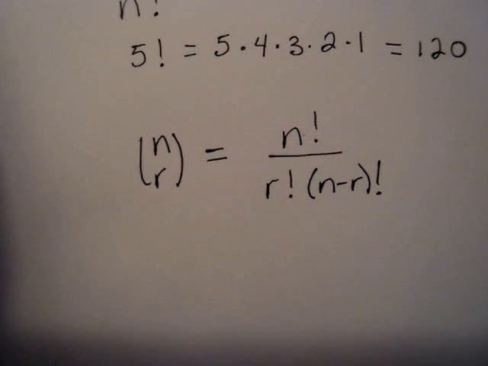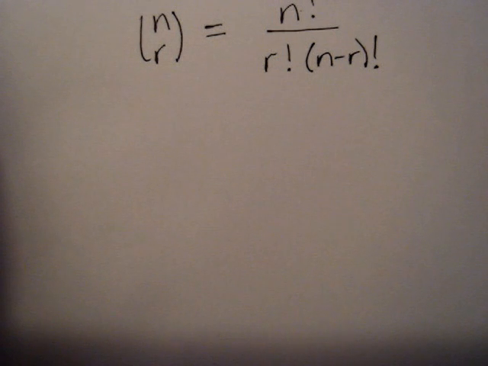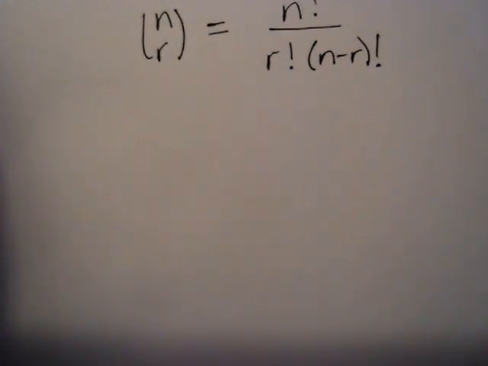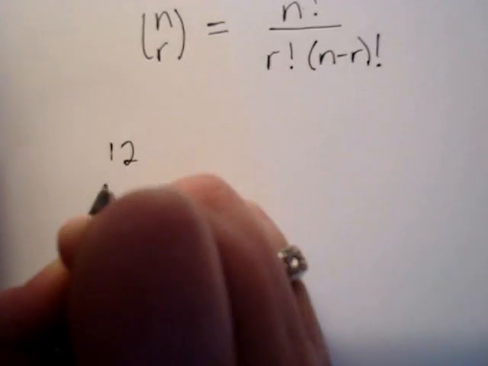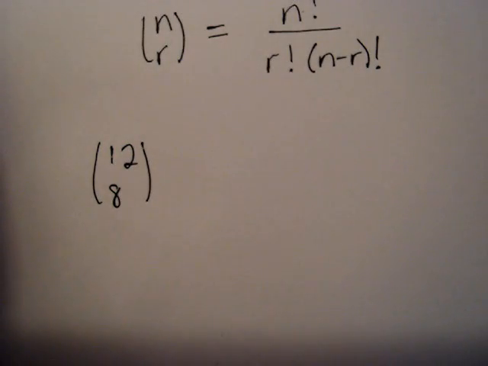So to use it, I am actually going to go ahead and do the first problem off of your handout. I'm going to do it on this piece of paper though because I need more space. So if you look at your handout, problem number 1 is 12 choose 8. Remember we say 12 choose 8. Okay, so what does the formula say?